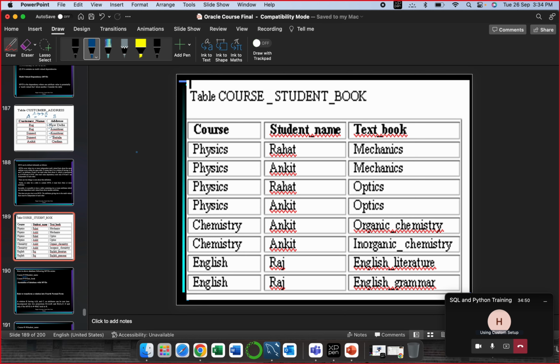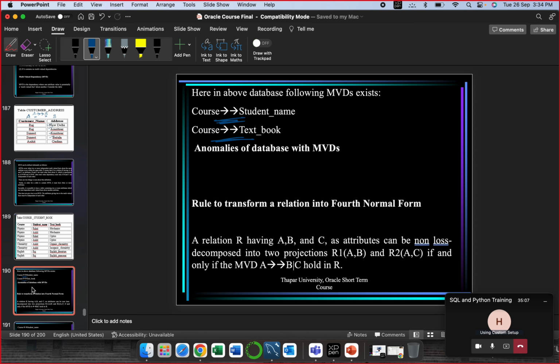Physics is studied by Rahat, physics is studied by Ankit, physics is studied by Rahat again. So there are multiple values for physics to identify a student. So course has multi-value dependency on student. Course has multi-value dependency on textbook. So this indicates that we already have a multi-value dependency.